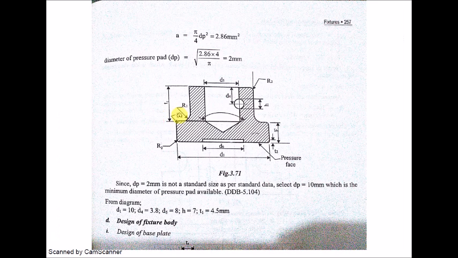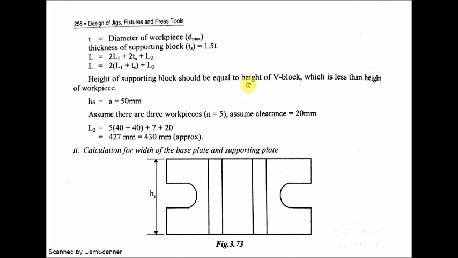I think it is mentioned as height of the V block. So HS is equal to A value is equal to 50 mm. You have to make a note of this. Yeah, it is correctly mentioned. Height of supporting block should be equal to the height of the V block.